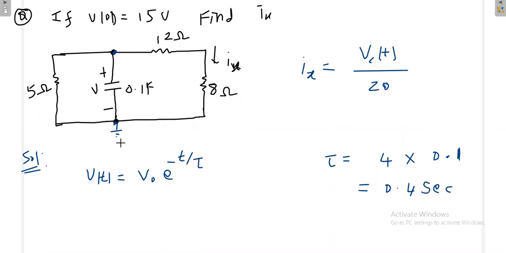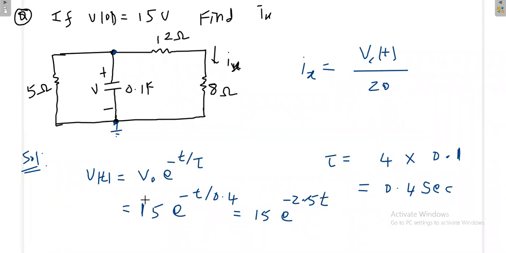So the response across the capacitor will be the same as the response across the original source free RC circuit, but the time constant will be a little bit different. Then what is V naught? V naught is 15. Then e power minus t by tau, 0.4, or you can also write e power minus 1 by 0.4, which is 2.5, into t.